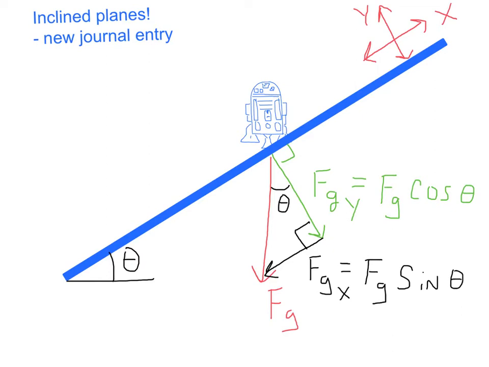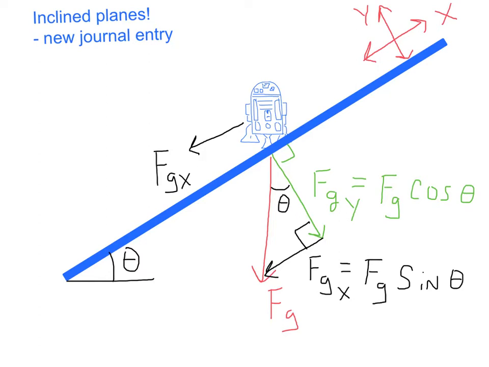And now that we can figure all that out, we can do a little bit more magic, because what we can say is that this force of gravity in the x direction, let's just move it up here, because right now this is just showing you how we made this from a triangle. But let's move it up so that it shows that this is the component of gravity that's pulling R2D2 down the plane.